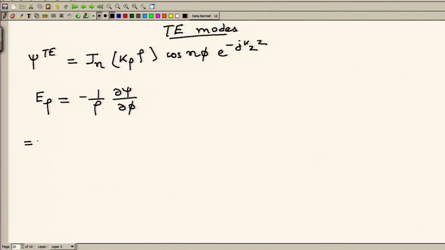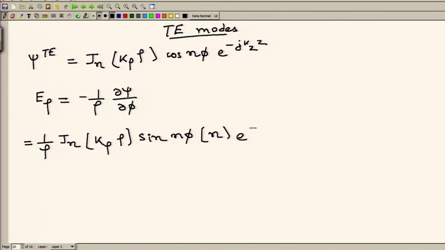We differentiate with respect to phi; cos n phi becomes minus of sin n phi, so minus and minus becomes plus. So, 1 upon rho, then we will have J n k rho, sin of n phi multiplied by n e to the power minus j k z z. So, this is E rho. We can give this as equation number 5.